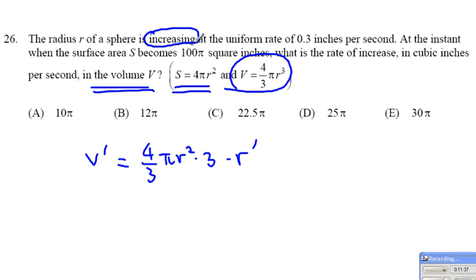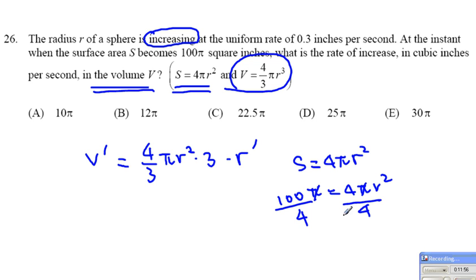In fact, we can find it from surface area. Since surface area is equal to 4 pi r squared, where surface area was equal to 100 pi, equals 4 pi r squared, and pi cancels out. When you divide by 4, interestingly enough, we get r squared is equal to 25. That means r is equal to 5.